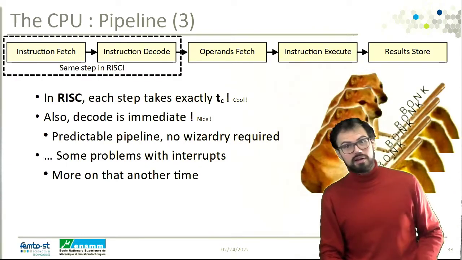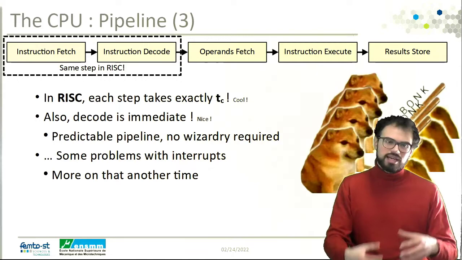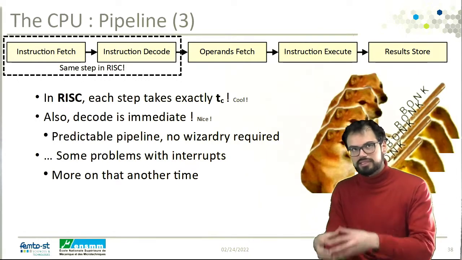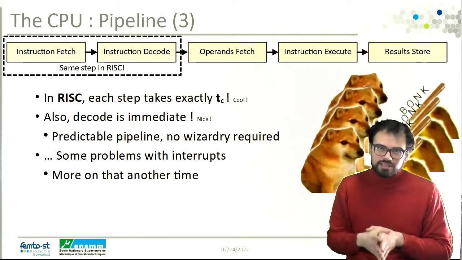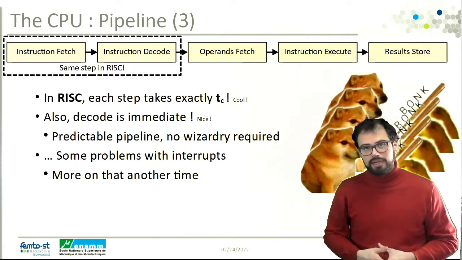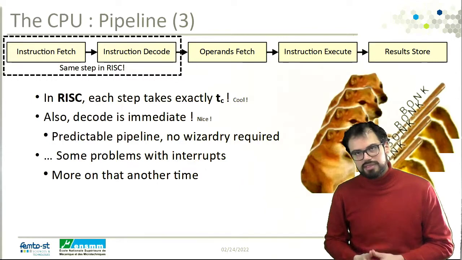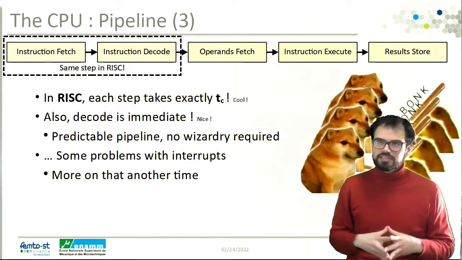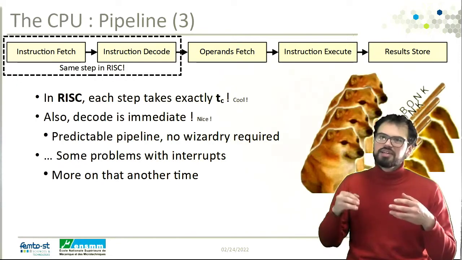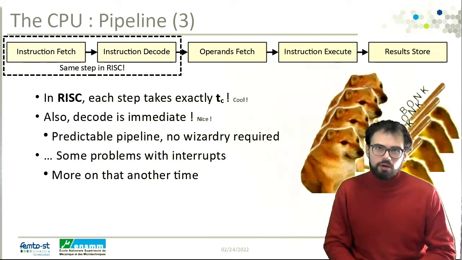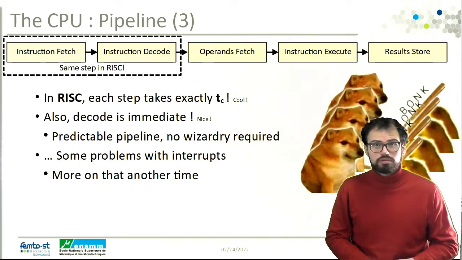But in RISC type architectures, since everything takes exactly one clock cycle, it is easier to forecast what will happen. The consequence is that you don't need wizardry circuits to do that. So pipelining is easier to do and more efficient.